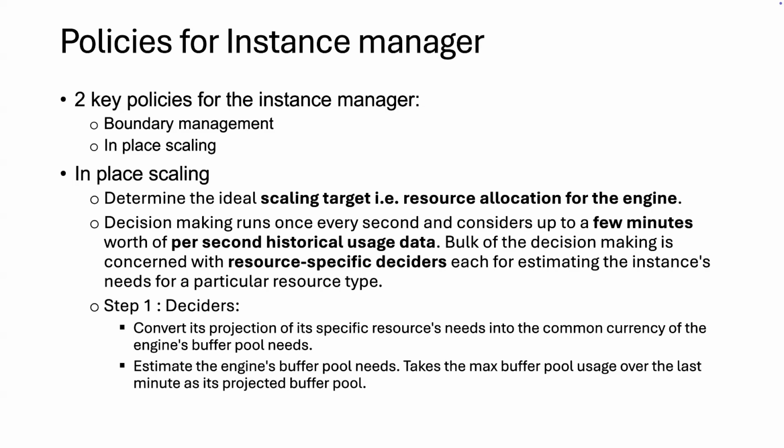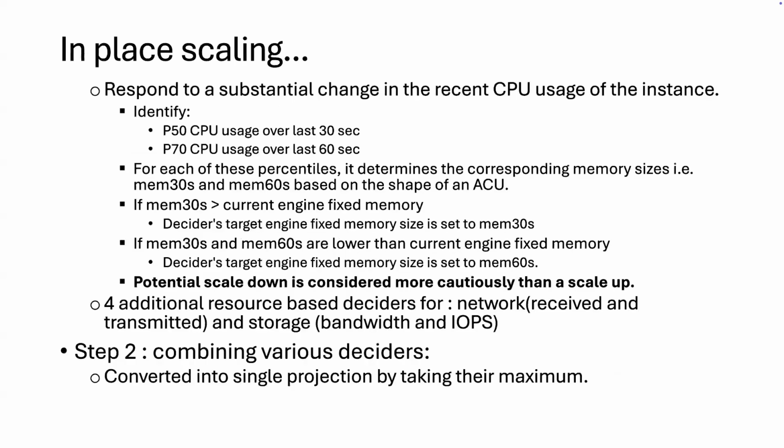Deciders convert their projection of specific resource needs into a common currency of the engine's buffer pool need. They take CPU, memory, network bandwidth, IOPS, and different things and convert them to this common currency. That's the first thing they do. Another thing is they estimate the engine's buffer pool needs, taking the max buffer pool usage over the last few minutes as the projected buffer pool.